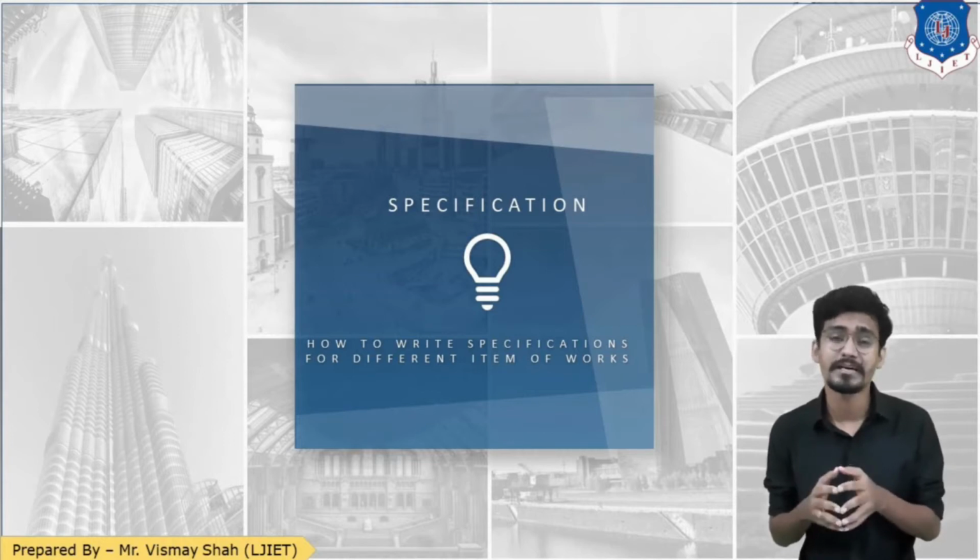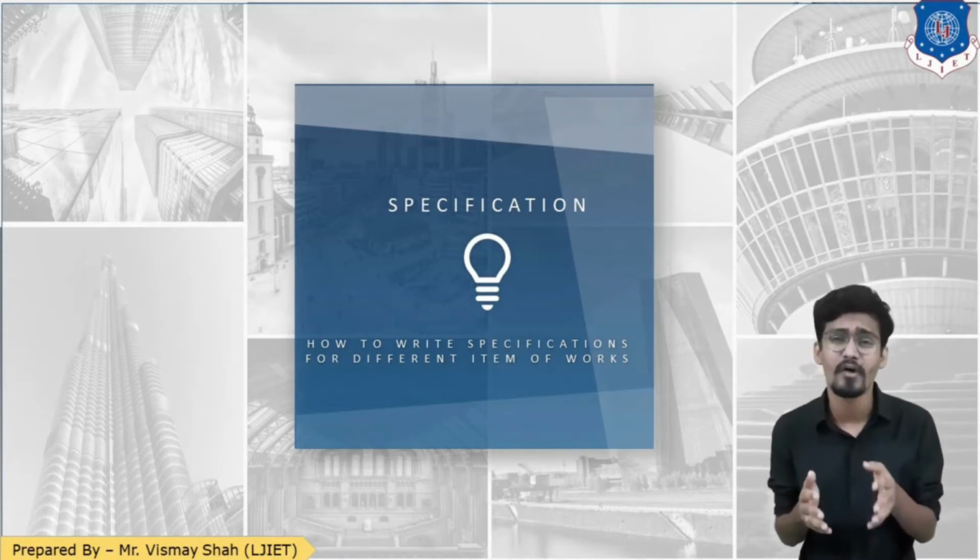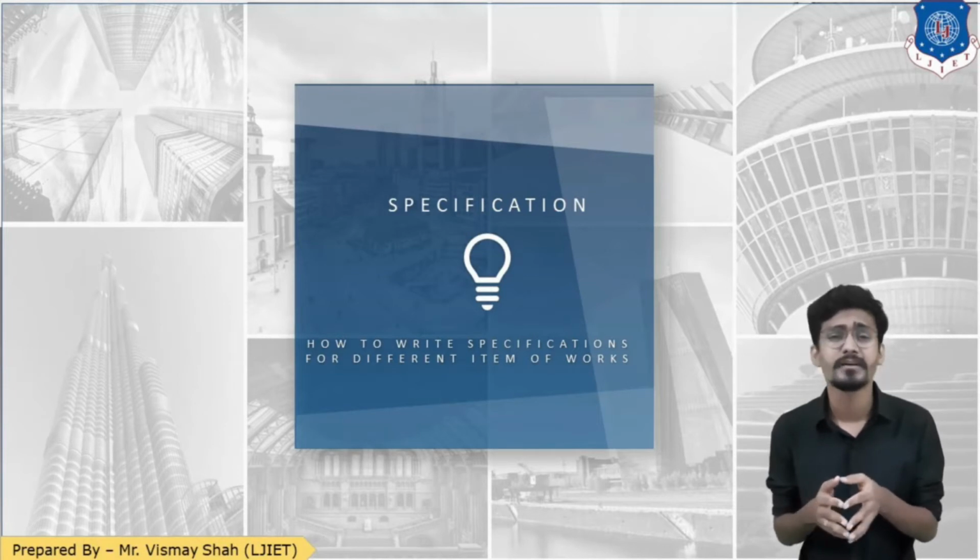Then we have already learned that there are two types of specification: brief and detailed. Brief gives a general outline of the work and does not form part of the legal document. The legal document is considered to be the detailed specification.